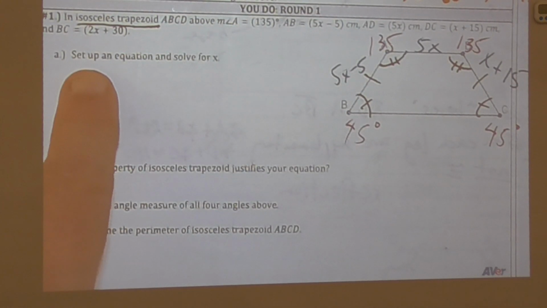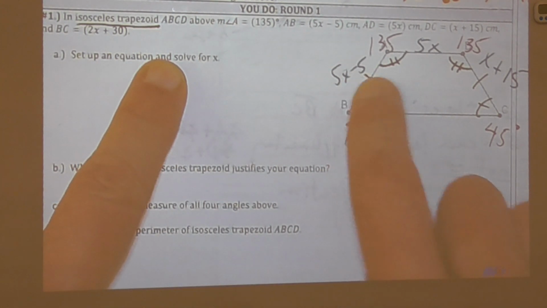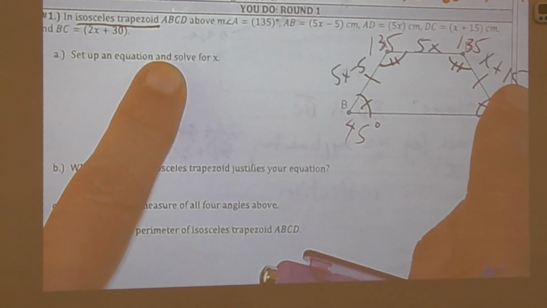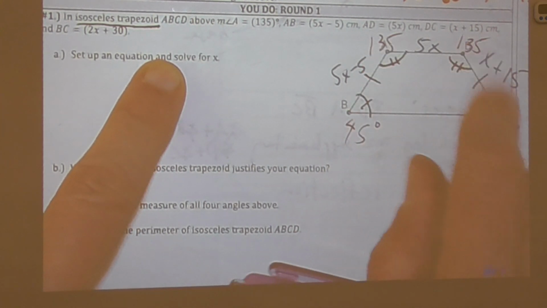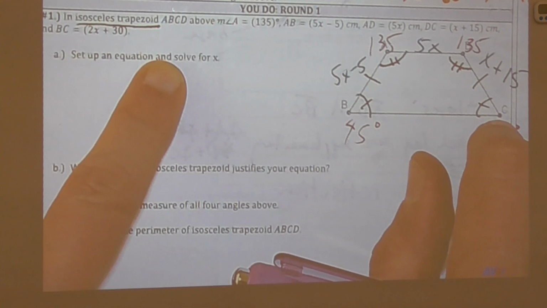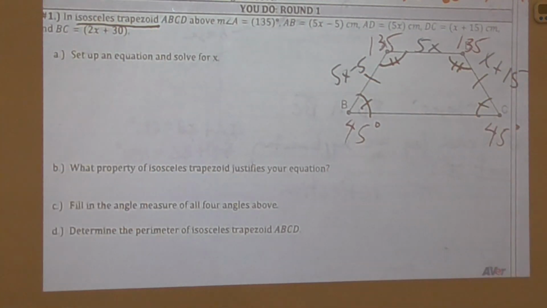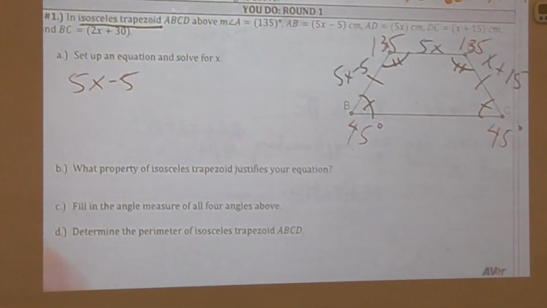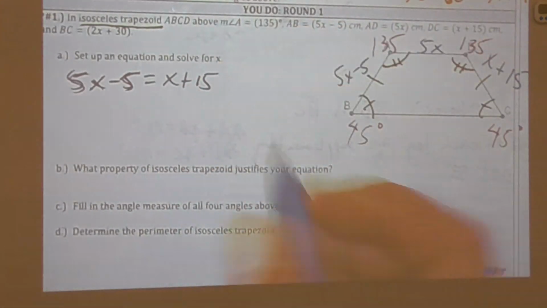Now, set up an equation to solve for x. So we have 5x minus 5, 5x, and x plus 15. What we know is that the legs of an isosceles trapezoid are congruent. So since they're marked congruent, I should set these equal to each other. 5x minus 5 equals x plus 15.